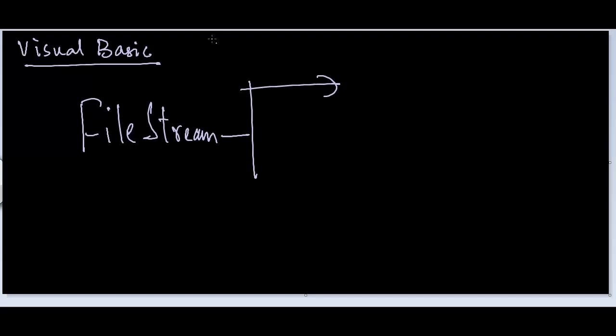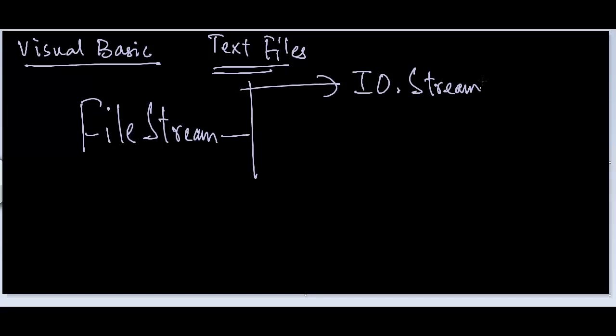So in Visual Basic, when it comes to text files, if you want to read from a file stream, then we are going to be using this class called IO.StreamReader.